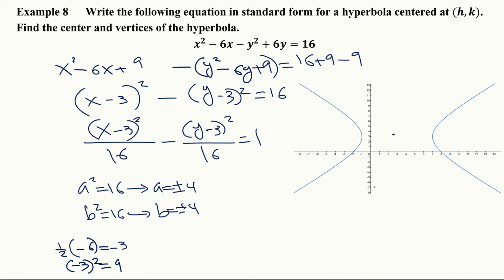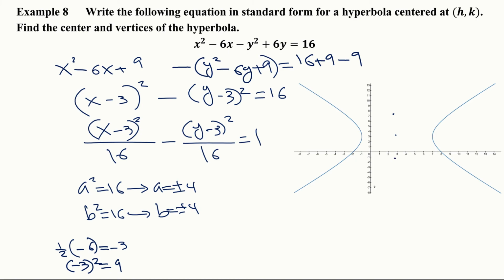So you go from the center, you go up 4, so to 7, and you go down 4 to negative 1. Okay, my graph is becoming a little bit offset. Let's see, 3 should be there. So 7 and then negative 1.